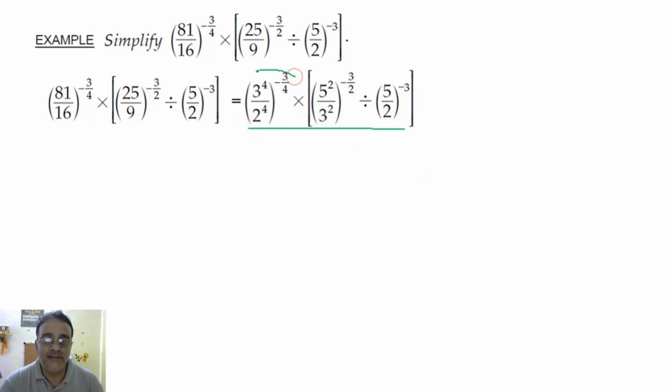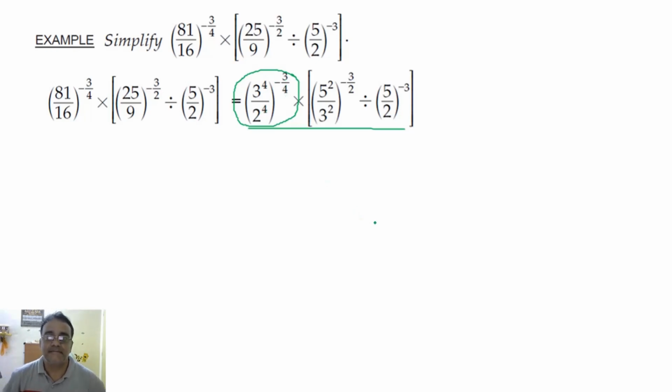Now for this we have to use one law. कौन सा law use करेंगे? एक मिनट. प्रणव बिसेन. Sir, a to the power m upon b to the power m. पहले तो ये 4 निकालना है ना, you have to take 4 outside.